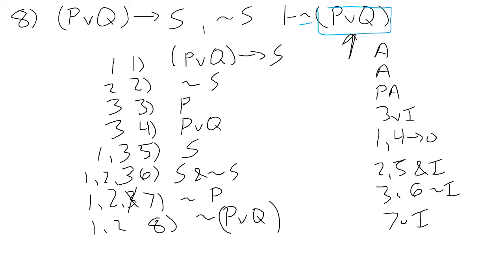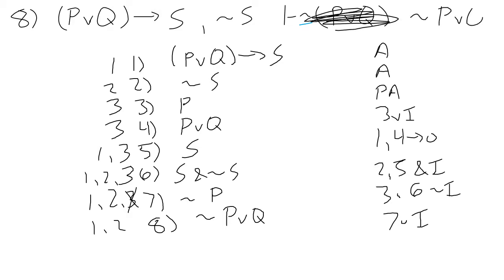So if I was looking for, let's just erase this. This would be the proof if we want to do something like that. But that's not necessarily what we're looking to prove with tilde parentheses P or Q. So importantly, there's a difference here, and you gotta be able to recognize exactly what we're trying to prove and how to go about doing it.